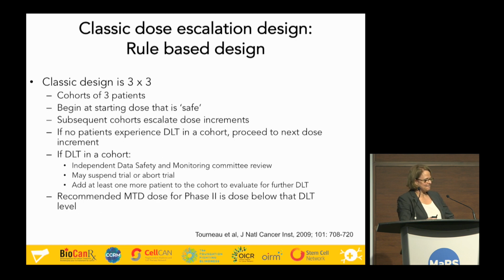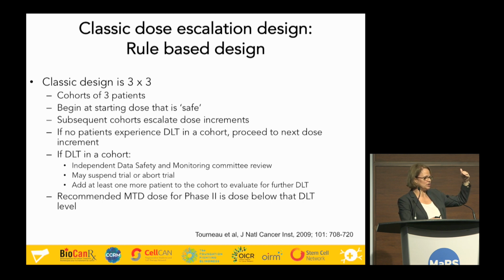So the classic dose escalation design is a rule-based design, and there are different types, but this is the classic one that I'll take you through, and it's 3 by 3. So really it is cohorts of 3 patients, and as I was saying, you begin at your starting dose that is considered to be safe, and then you have subsequent cohorts of 3 patients where the dose is escalated.